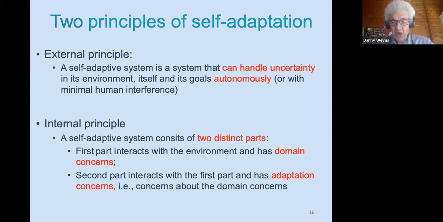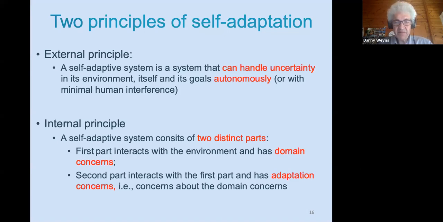So basically what you want to do in the domain as a software system, the functionality you want to realize. And the second part then does not interact with the environment, but it interacts with the first part. And that part deals with what we call adaptation concerns. And adaptation concerns are concerns about the domain concerns.